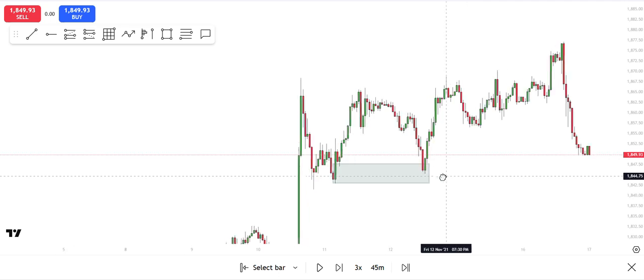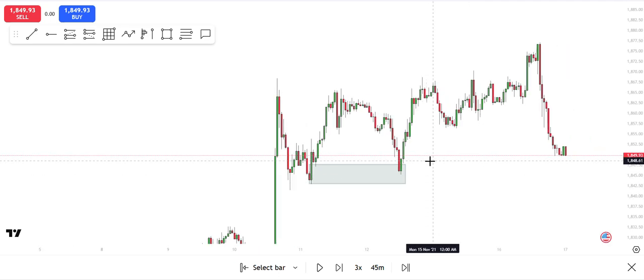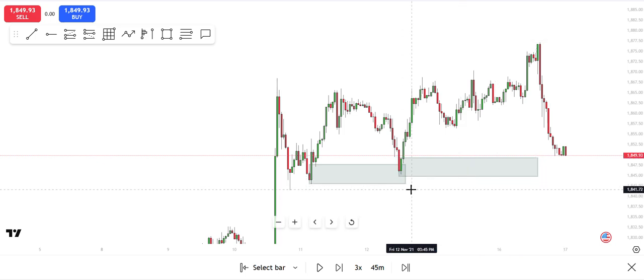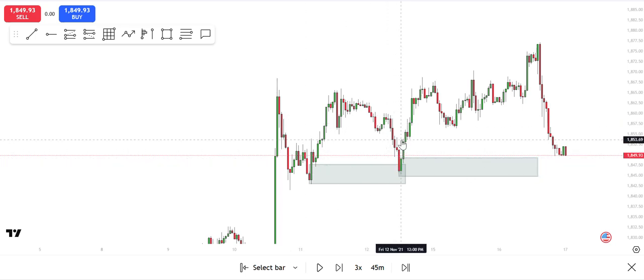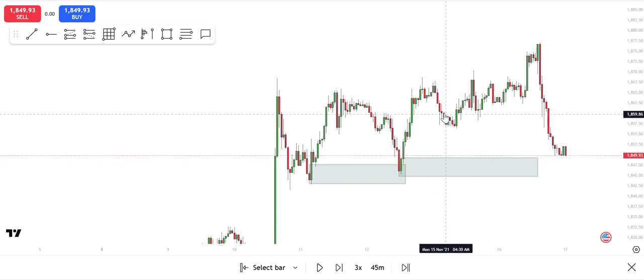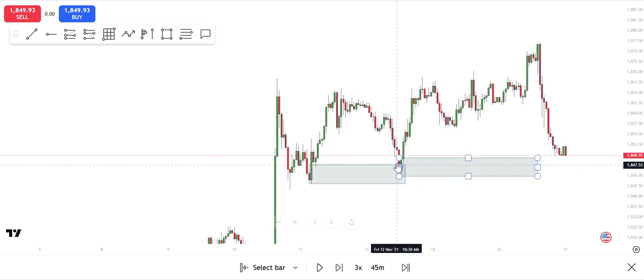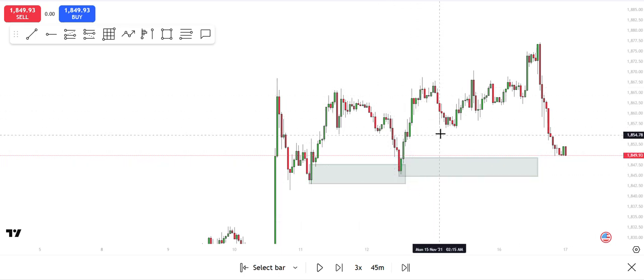And then this one now became the next demand from here. And according to the laws of price action, laws of the market structure, we saw that this one was able to take out its high. Even though this low didn't break structure, still we had it.